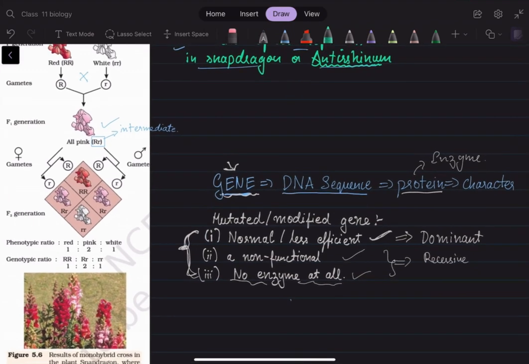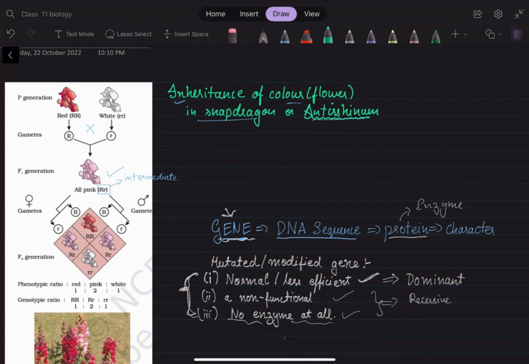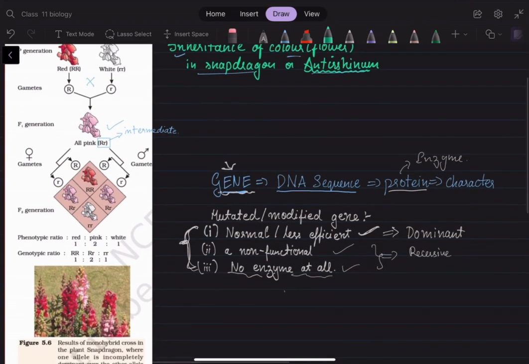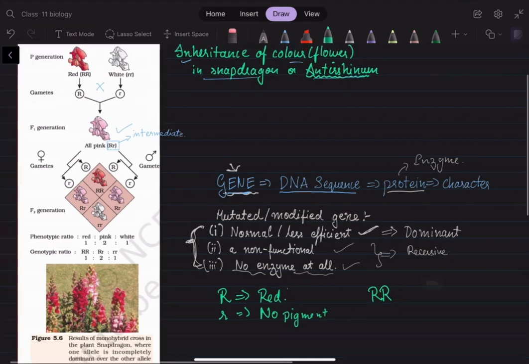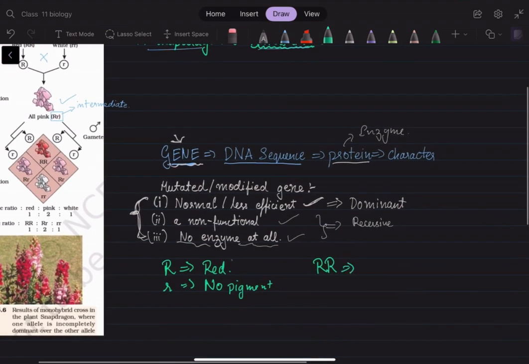So in this case, we have R, which codes for the red pigment, and we have small r, that is, no pigment. The presence of two dominant alleles will give rise to a full red color. The dominant allele on its own cannot completely produce a red color.